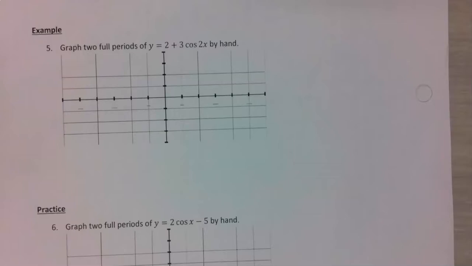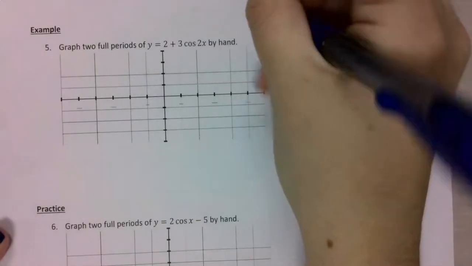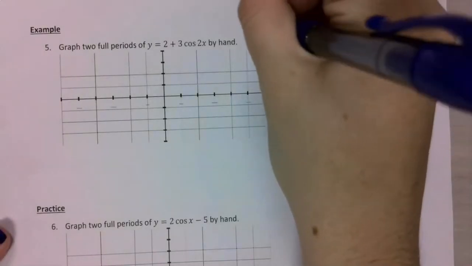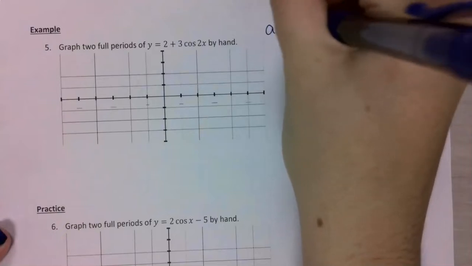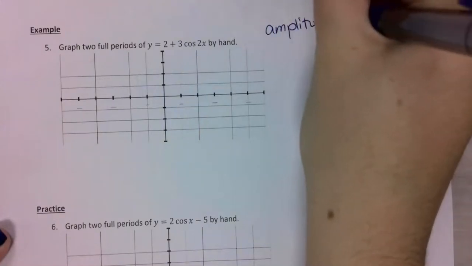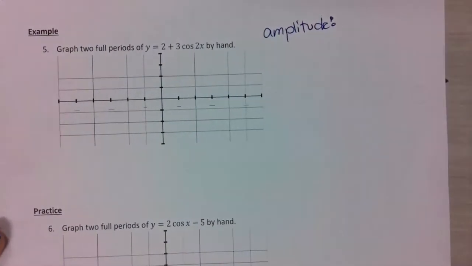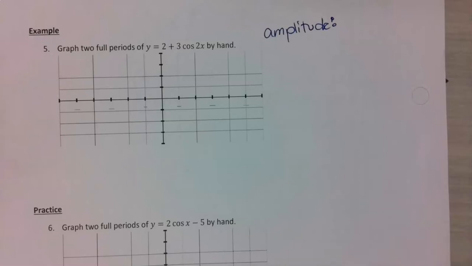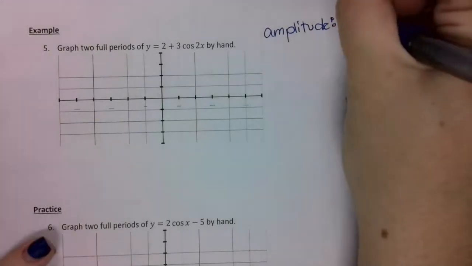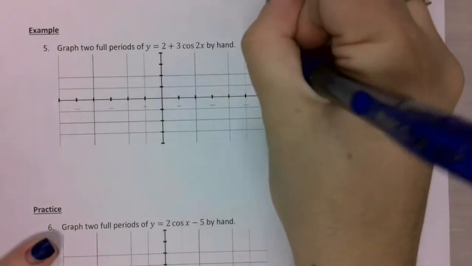So for number 5, what is my amplitude? What number is right in front of the word cosine? Then my period.